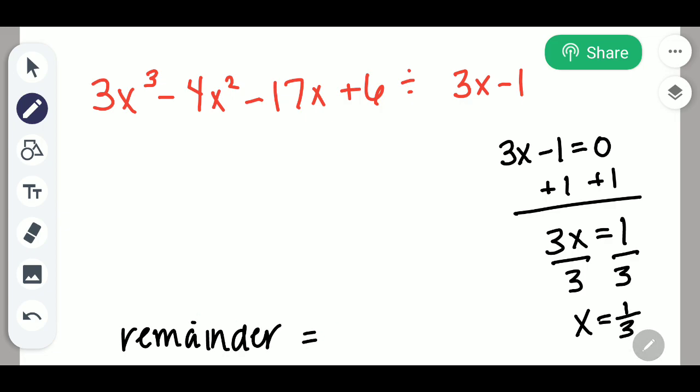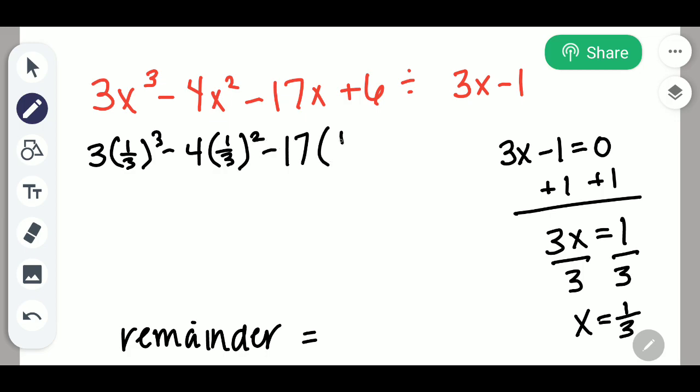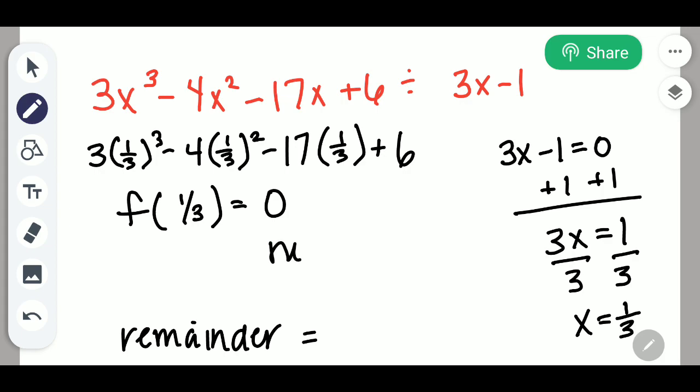So we plug 1/3 into this: 3 times 1/3 cubed minus 4 times 1/3 squared minus 17 times 1/3 plus 6. Type that right into your calculator. And when we put 1/3 into the function, you get out 0. So in this case, there's no remainder, because your remainder is 0.